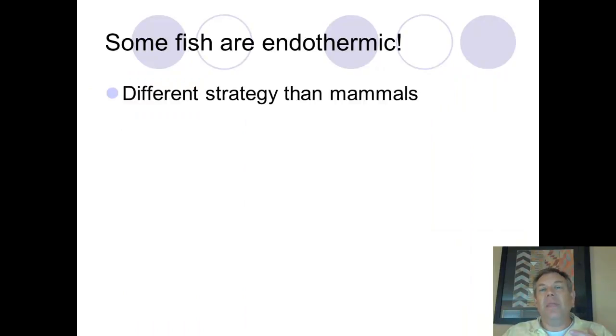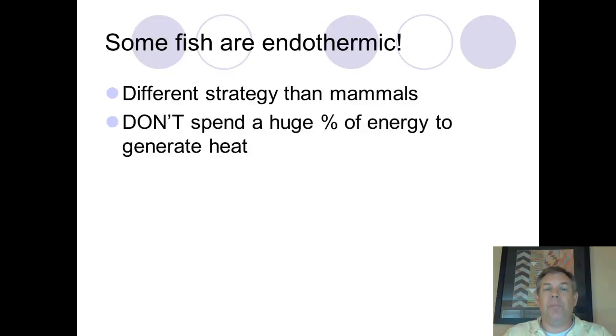Now, the endothermic fish have a different strategy than mammals, okay? In mammals, we spend a huge percentage of our energy just to generate heat. So a lot of the food you eat just goes to creating your internal heat. But fish have a different strategy.